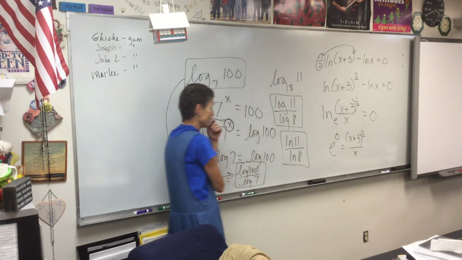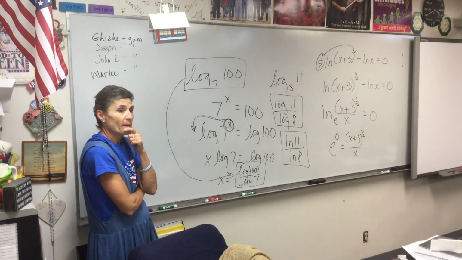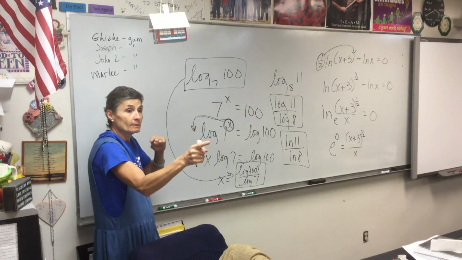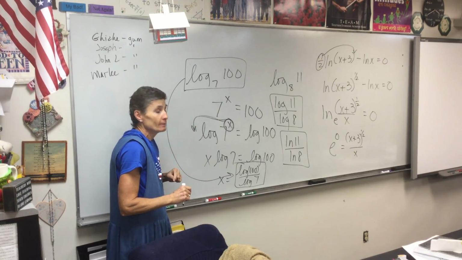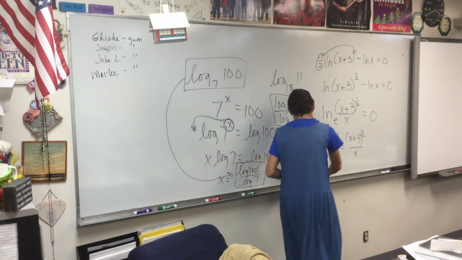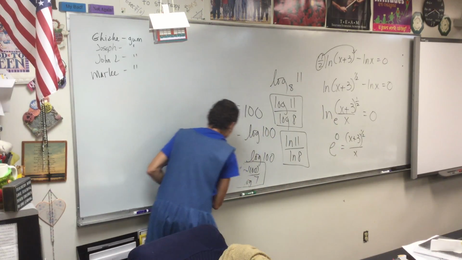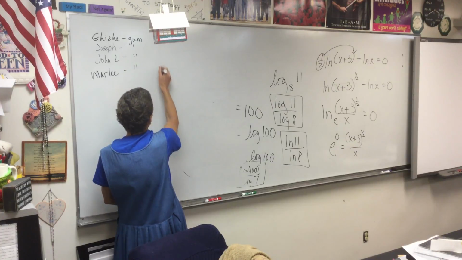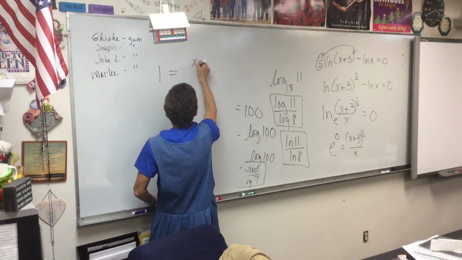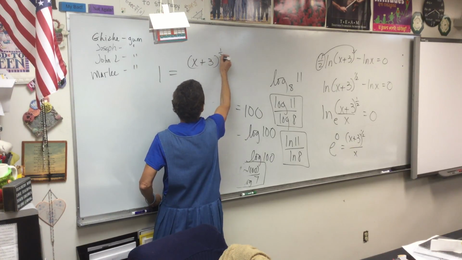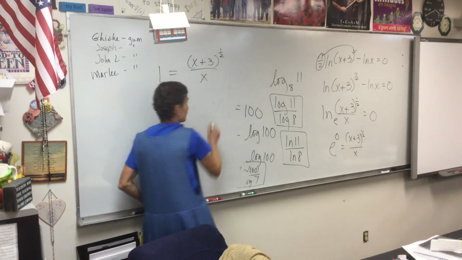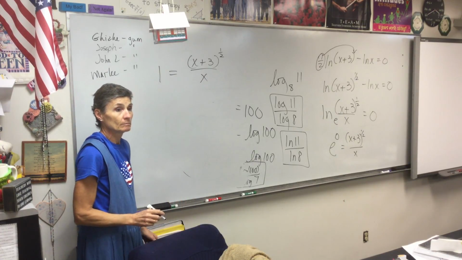Very, very good, Christina. And we might as well change the e to the 0th to a 1, since anything to the 0th power is automatically 1. Exactly. So e to the 0th, like Patty said, is 1. So we're going to write it as 1 equals (x plus 3) to the 1/2 over x. And then it gets much easier from there.